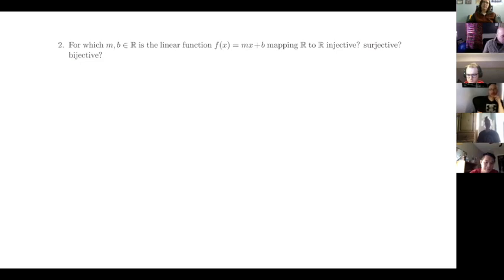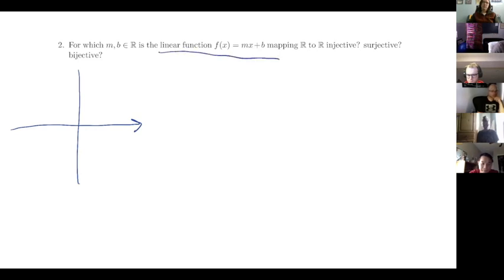Checking the horizontal line test to see if it passes, which it does. Yeah, so we've got this general function that we're used to from most of our math classes. It might look like that. It could be a negative slope or whatever. But here's a general graph of y equals mx plus b.